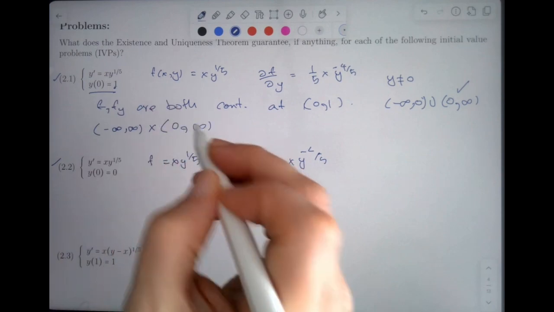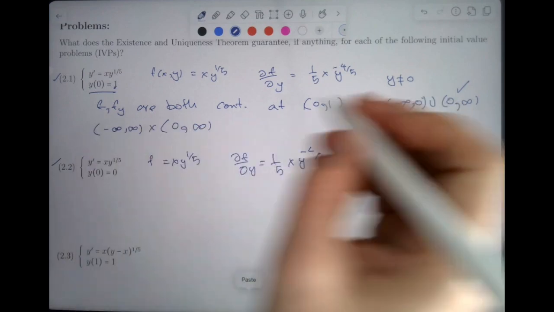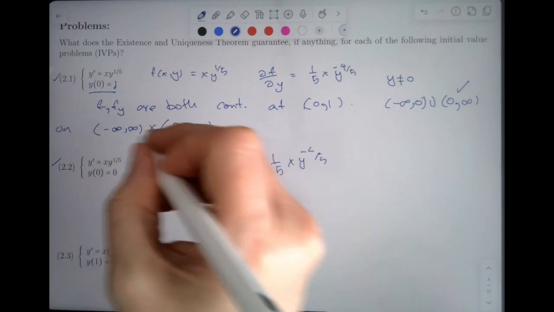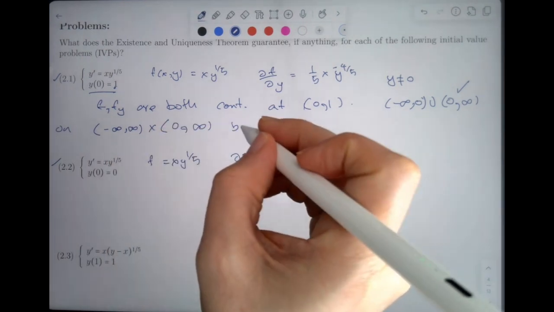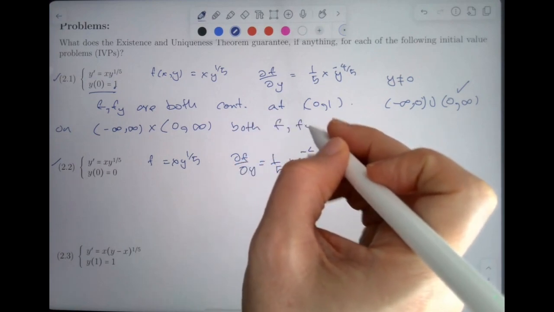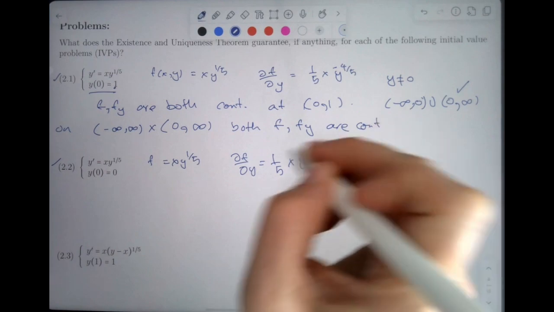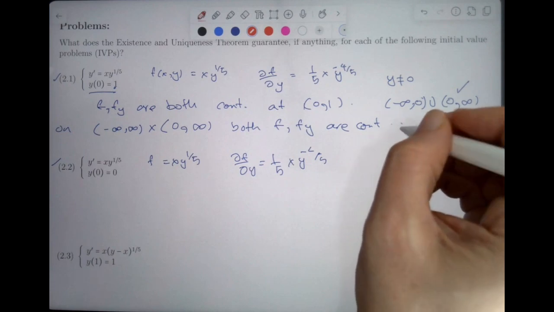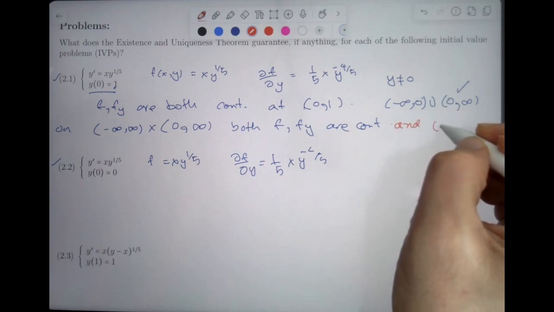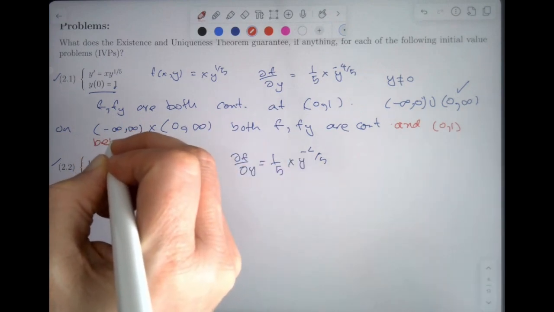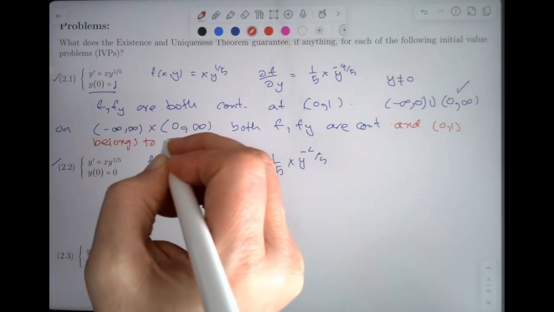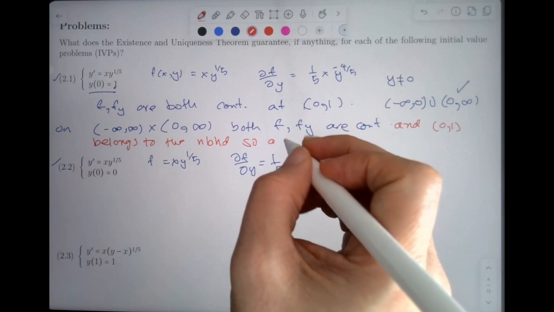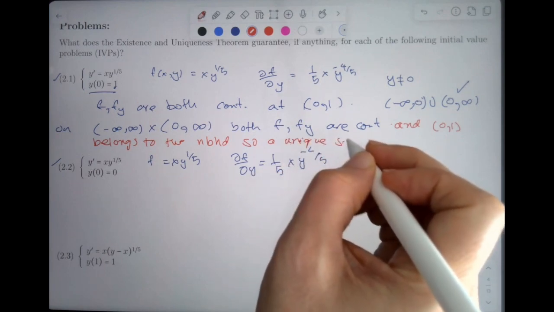So on this rectangular neighborhood, both f and f sub y are continuous, and 0 and 1 belongs to the neighborhood. So a unique solution exists.